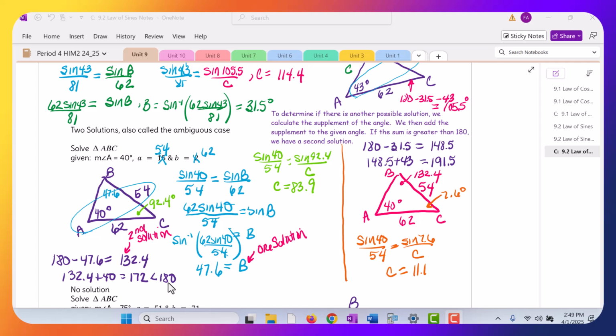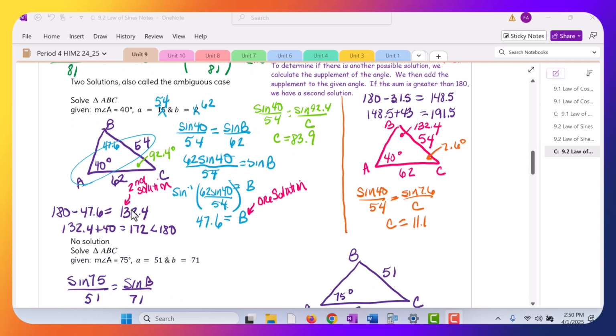So I have a second solution. The second solution is B is now this obtuse angle of 132.4, making this angle 7.6. And I set up my ratios and solve for side c in both of these triangles.